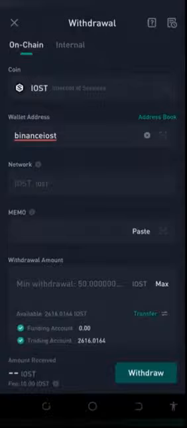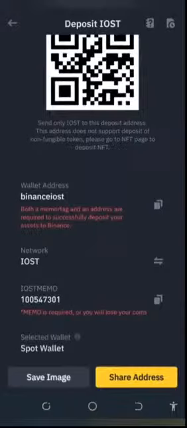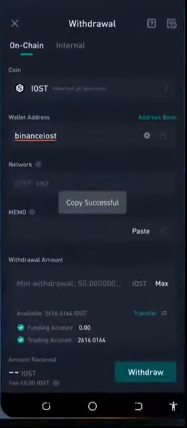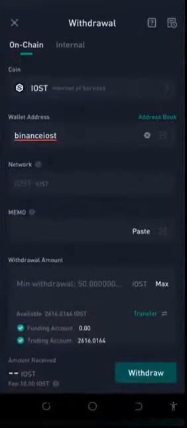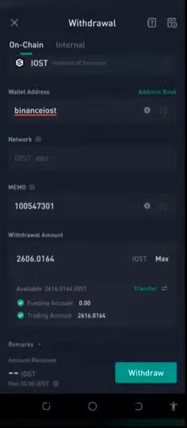Binance IOST. Then we get the memo. Where's the memo? IOST memo. All right, so we get the memo, get back in there, and we paste the memo. Good. So it looks like everything is going on well. Then we pick max.